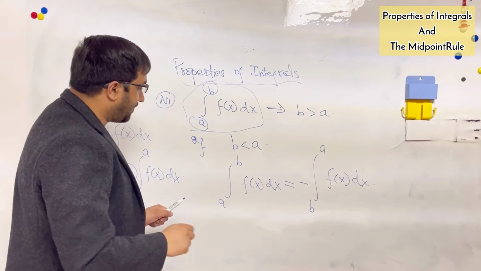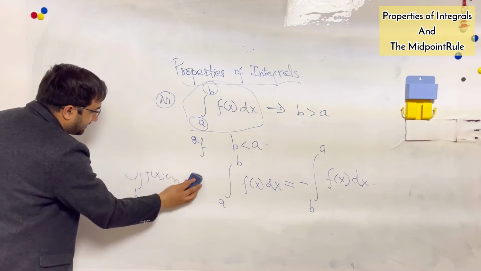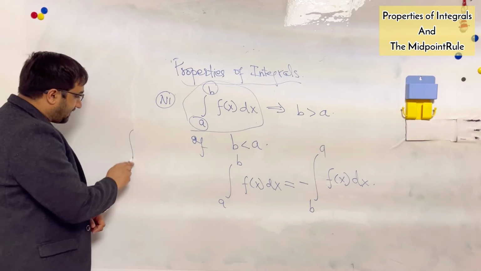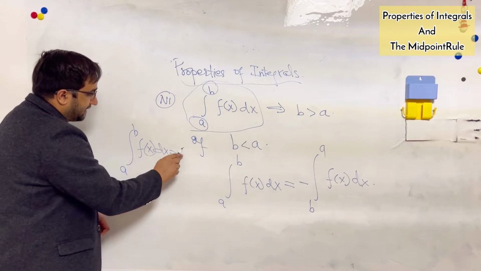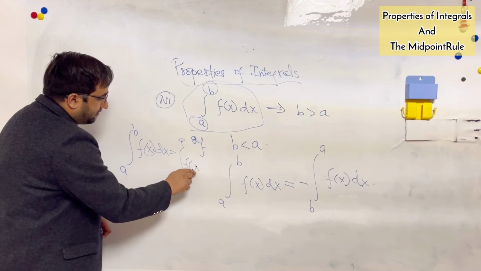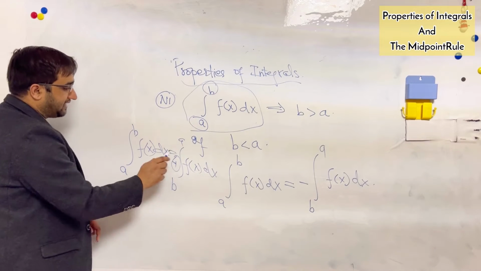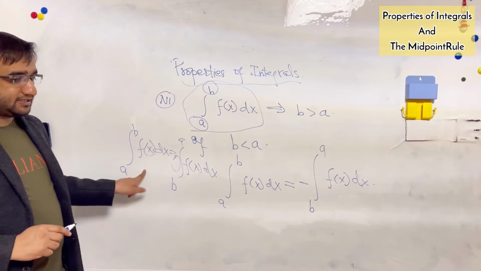You are not allowed to switch AB to BA without having one negative here, without multiplying by one negative here. If you do not multiply, it means you are doing something wrong.